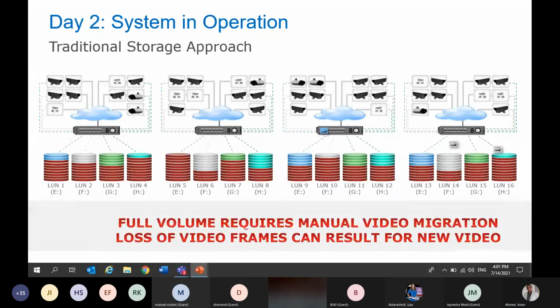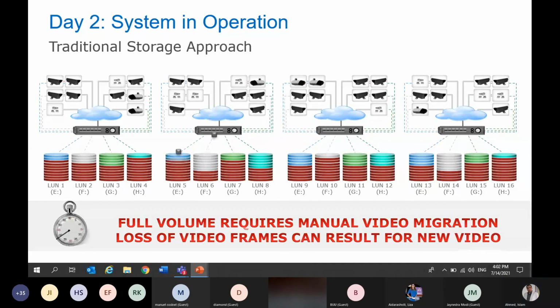But we have some volumes which are full and other volumes which are less full. Why? Because the feeds coming from a specific number of cameras are more than the feeds coming from other cameras. That will lead to some volumes being almost full and some volumes almost empty. There is no balancing here.